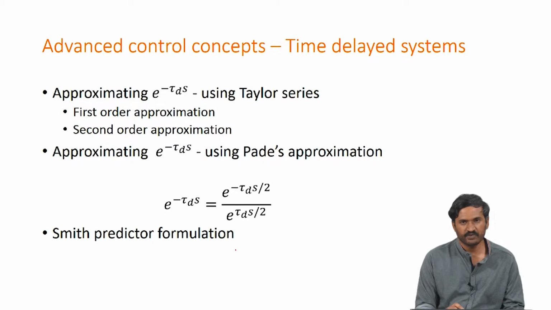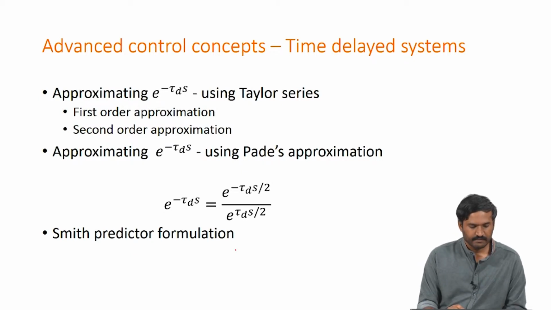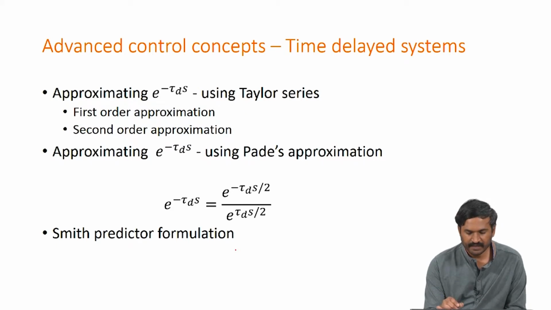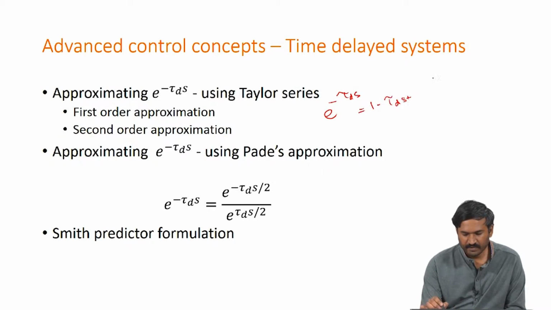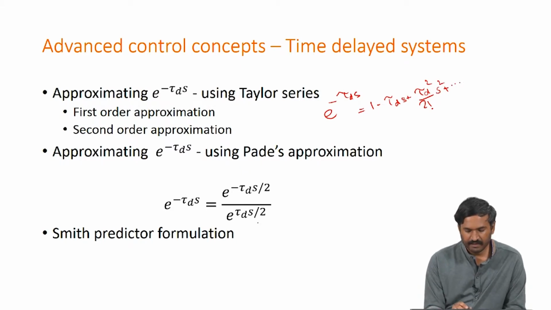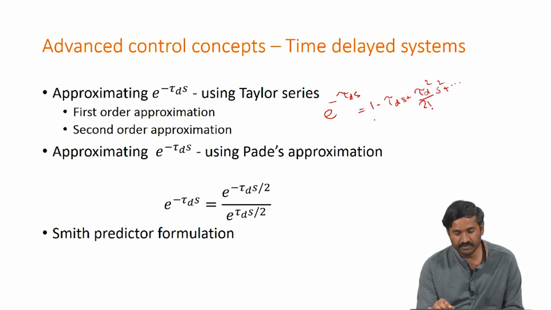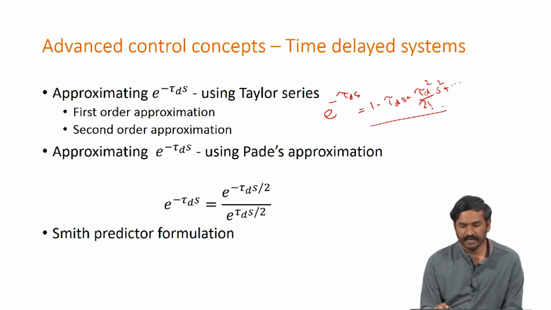One is to directly use the Taylor series expansion, and the other is to use the Pade approximation. The main difference is that when we use the Taylor series expansion, we will expand e power minus tau d s as 1 minus tau d times s plus tau d square by 2 factorial into s square plus etc. But using this expansion leads to additional zeros and the poles are left as such.